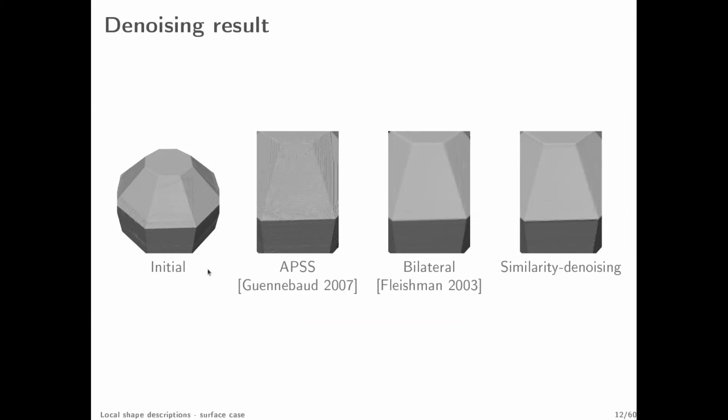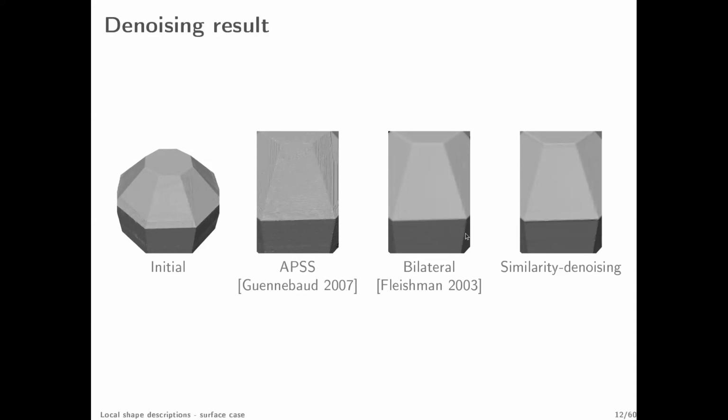So here is an initial point set. Here is a reconstruction, denoising by point set surface method, which is a 2007 method. I'm just comparing to what was the state of the art when we did this work, which is why you don't see anything more recent.